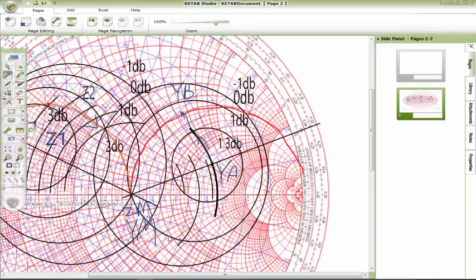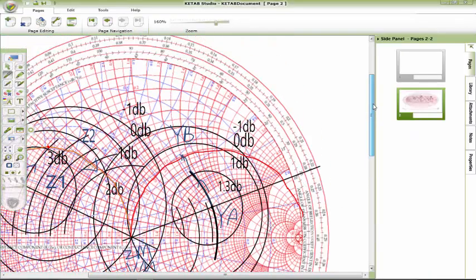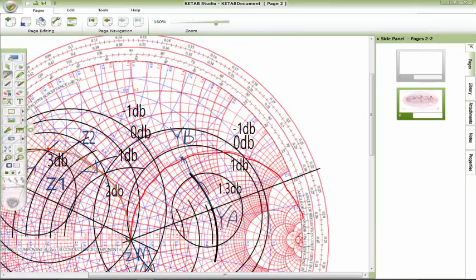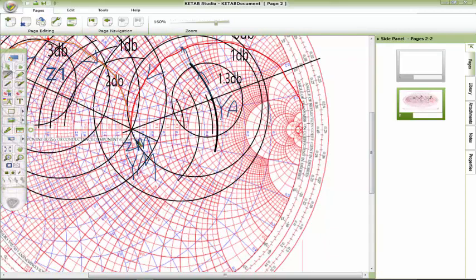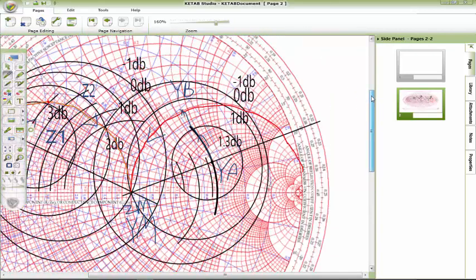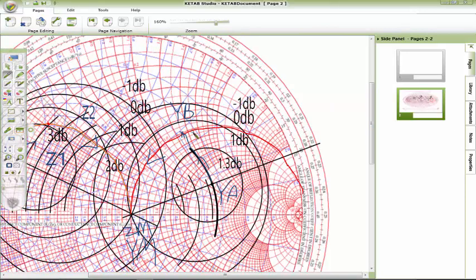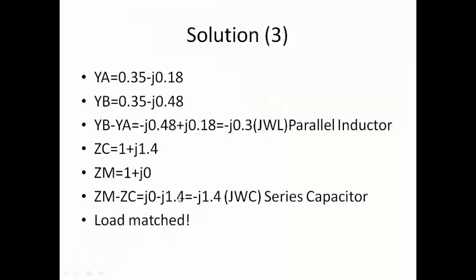Okay, then we want to move on this line, which is a red line, to ZM. So I want to move from this point to this point, which means anti-clockwise and on the red line. So we have a capacitor in series.